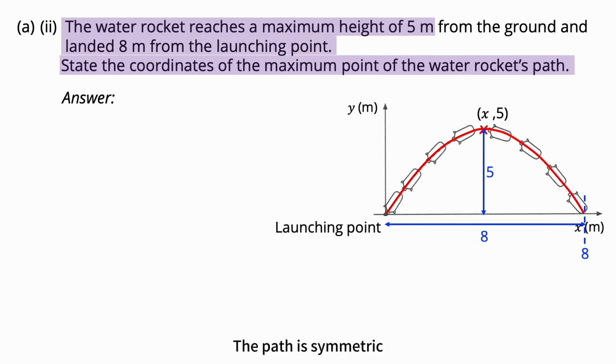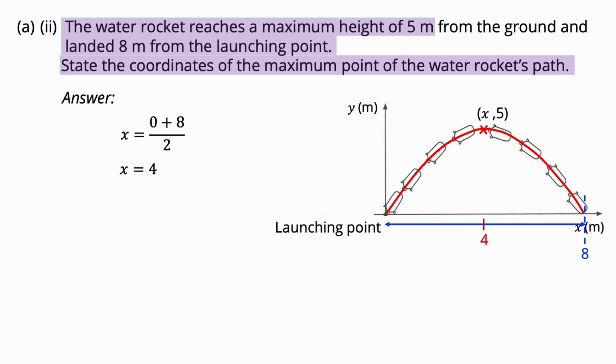The path is symmetric, and the rocket lands at x = 8 meters. That means the maximum point is halfway between x = 0 and x = 8. Midpoint equals (0 + 8) divided by 2 equals 4. Therefore, the coordinates of the maximum point are (4, 5).